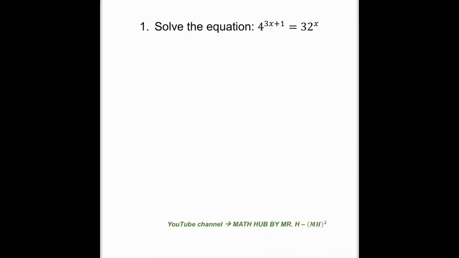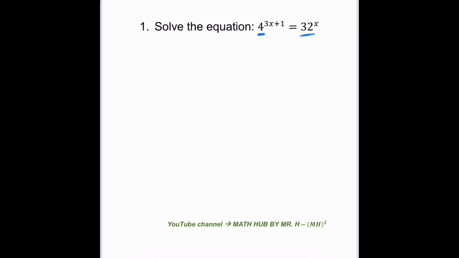For example number 1, solve the equation. We were given 4 to the power of 3x plus 1 equals 32 to the power of x. The left-hand side of the equation has a base of 4 and the right-hand side has a base of 32. So the next thing that comes to mind should be rewriting 4 and 32 to the same base.